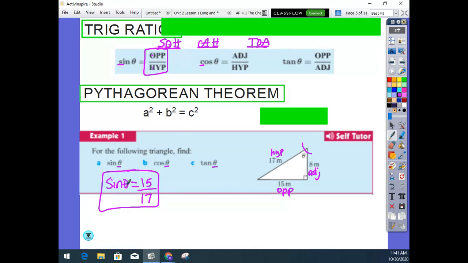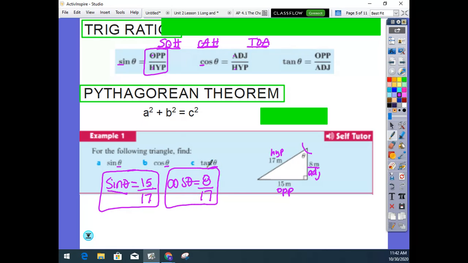I don't know what the angle is and it doesn't matter, but if I were to take sine of this angle, it would have the same value as 15 divided by 17. Cosine of theta. Cosine is CAH, A over H. A is 8 over H, 17. Cosine of this particular angle will have a value of 8 divided by 17.